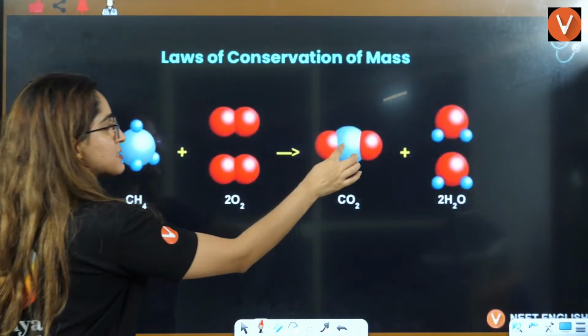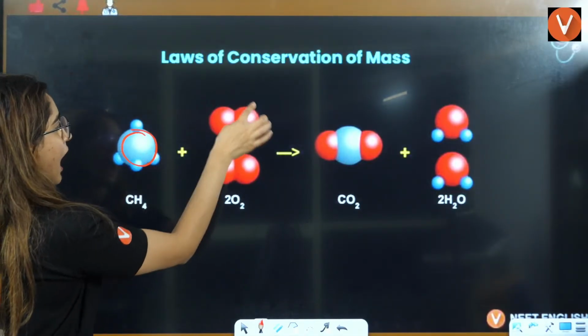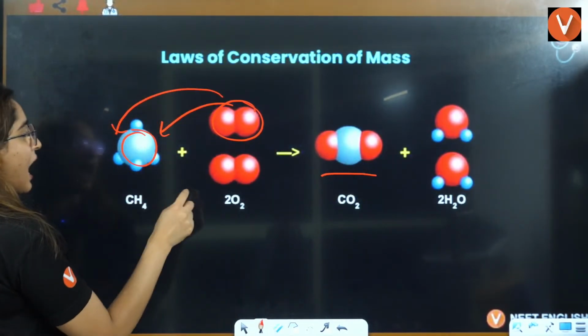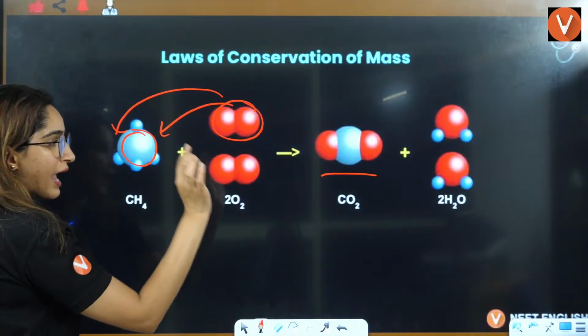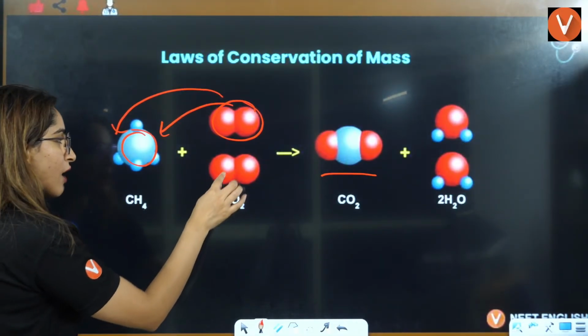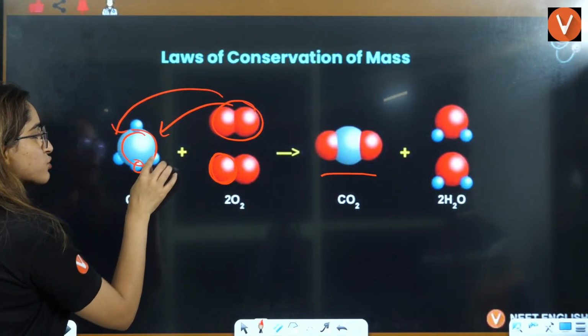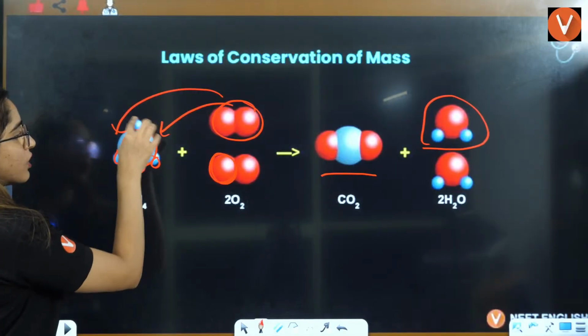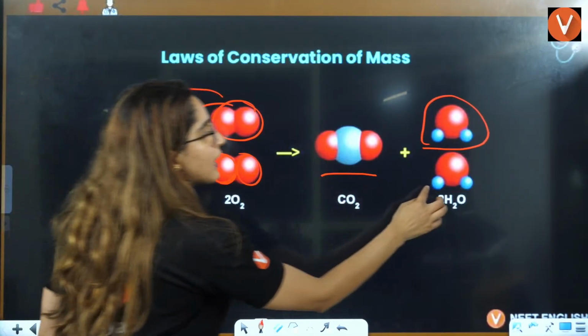Now here you have C, and two oxygens are linked to it, that is CO2, and you have two molecules of H2O. That is, you have one oxygen and two hydrogens from here, making one H2O. Then you have two hydrogens and one oxygen from here, making another H2O.